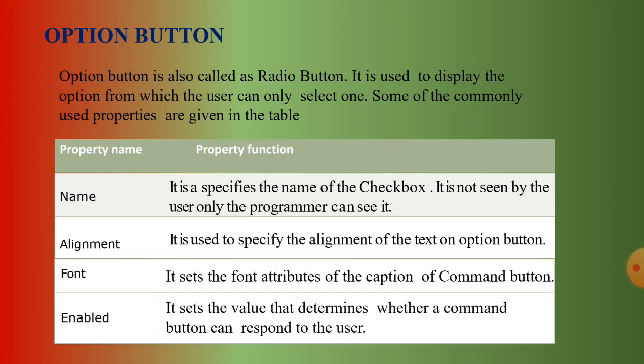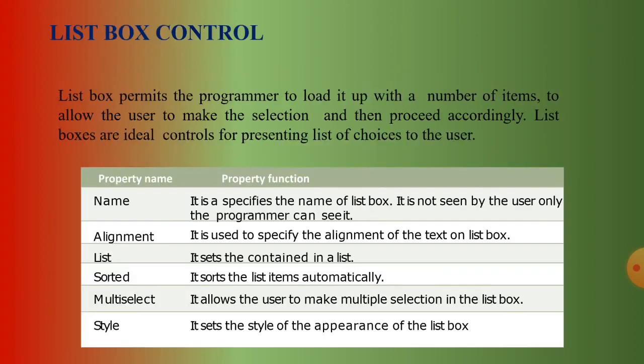Some of the properties of this option button control are name, alignment, font, and enable. These are the different common properties we have. Next is the list box control.